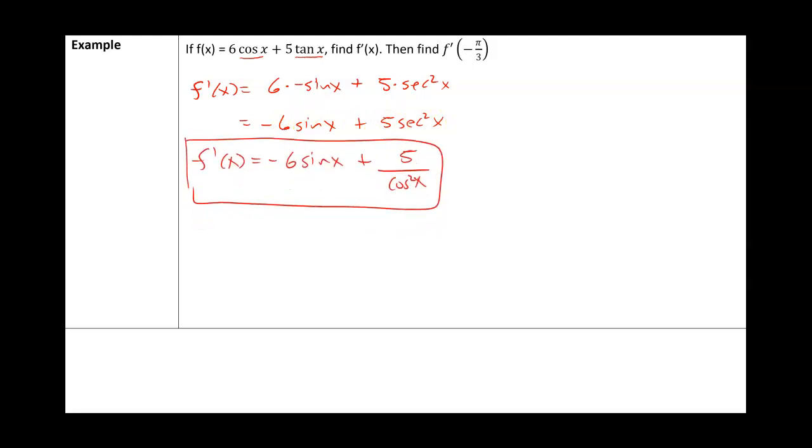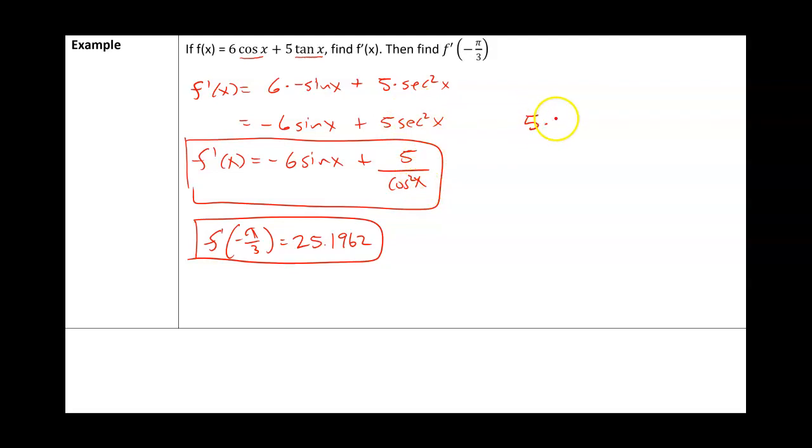And then if I plug in negative pi over 3 for my x values, I'm going to get 25.1962. Now, one thing is when you plug it in, secant squared, you can't really plug that into a calculator. So unless you're using Desmos, I think you can, but on a normal calculator, you'll have to rewrite secant squared as 1 over cos squared of x.